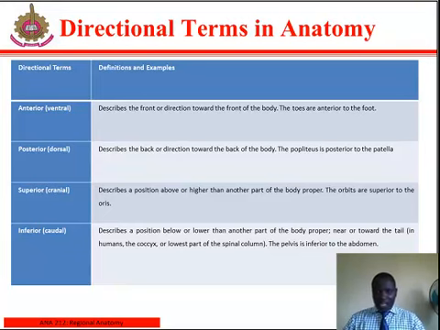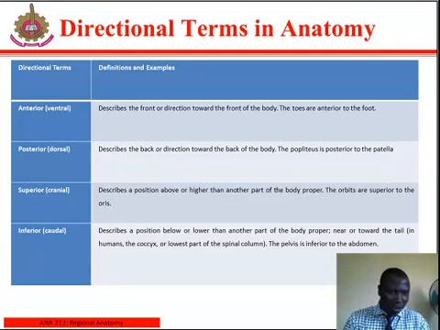For instance, an anatomist might describe one part of the tissue as being inferior to another, or a physician might describe a tumor as superficial to a deeper body structure. The table on the slide you are looking at shows the directional terms used in anatomy, their definitions, and examples.